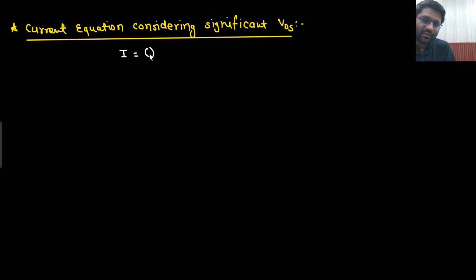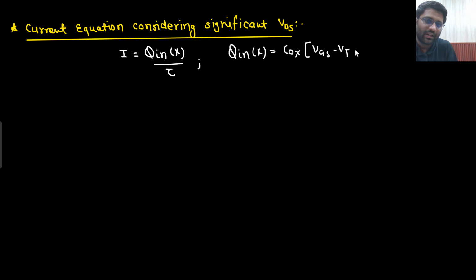So what will I write down? Q inversion at x divided by tau. Q inversion at x I already know. What is your Q inversion at x? Sir, previously it used to be COX times VGS minus VT, but now the Vx thing is also there, which is disturbing our inversion charge.